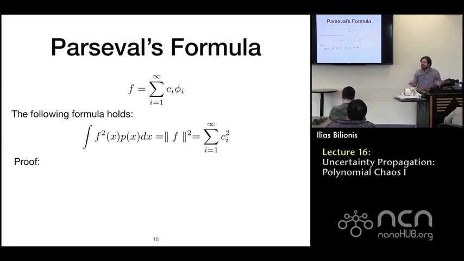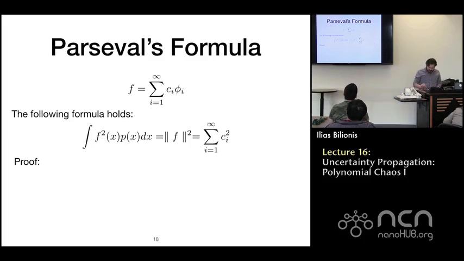The inner product is linear with respect to both summations, so you can take both of them out: Ci, Cj, inner product of phi i and phi j. But phi i and phi j are orthogonal, so you're going to get either 0 or 1, so delta ij. The only thing that's going to survive is the diagonal terms. So you will get the sum over i of Ci squared. That's all. Okay?